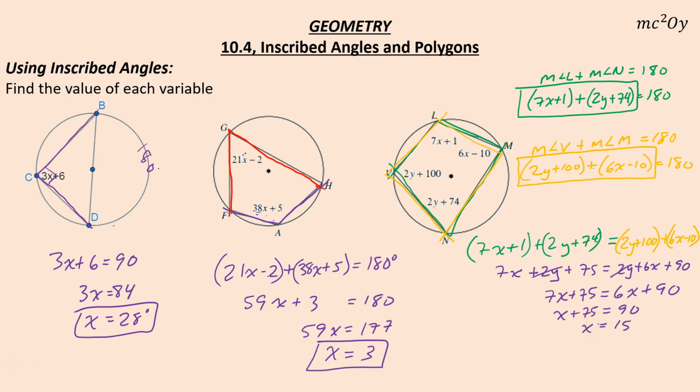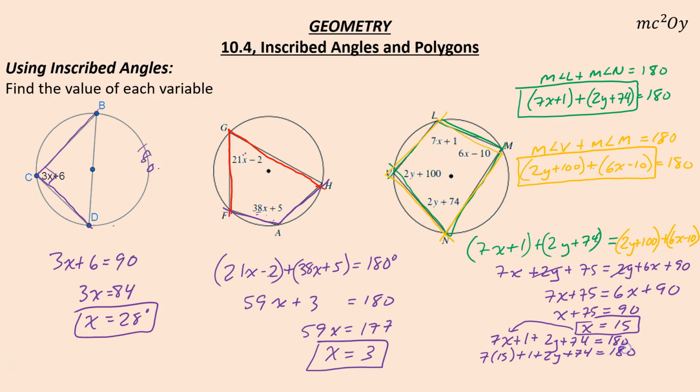And if x is 15, I can substitute that in. Right? I can either substitute it in here, here, or here. I can substitute in multiple places. But if I were to maybe use this top equation, okay, well, 7x plus 1 plus 2y plus 74 has to equal 180. And so if I substitute 15 in for x, that's going to give me 7 15s plus 1 plus 2y plus 74 equals 180.